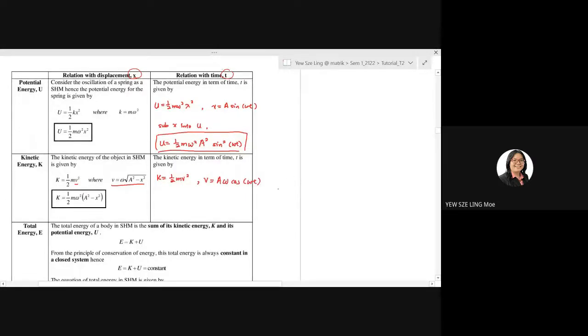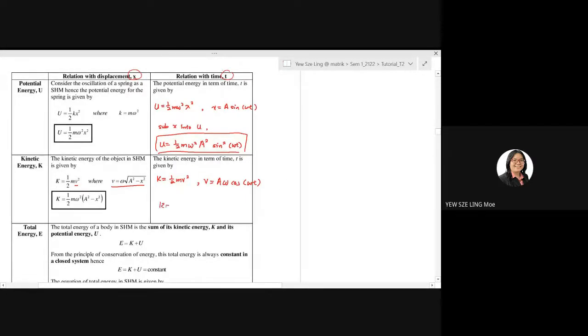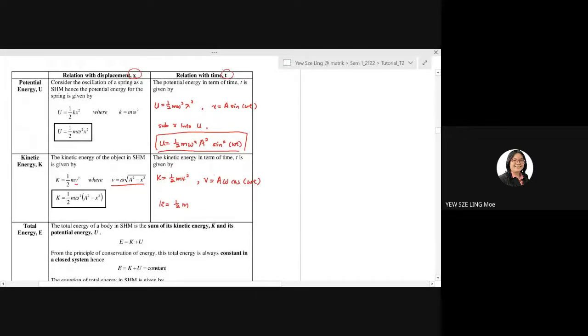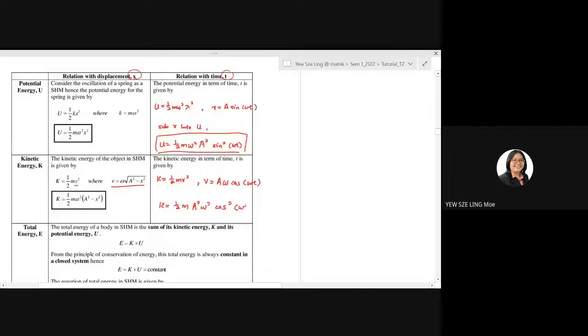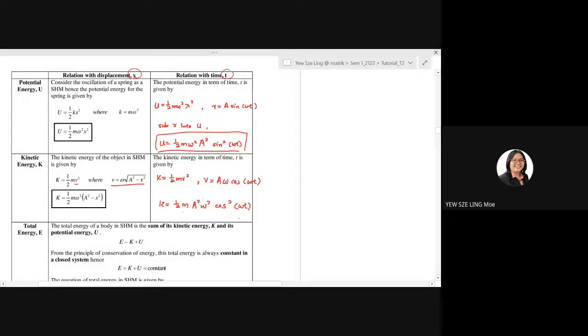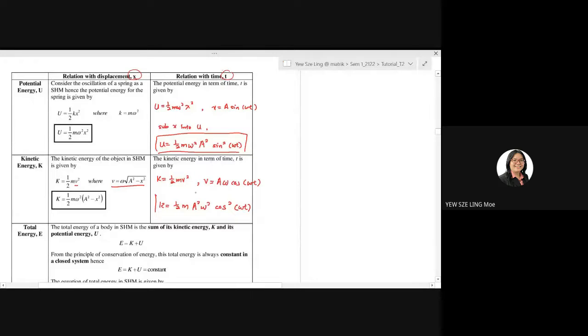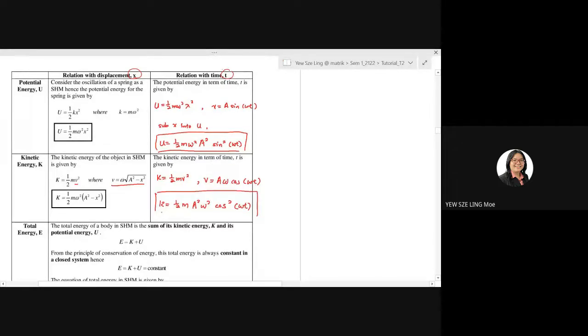Then K equals 1 over 2 m, and v squared gives A squared omega squared cos squared omega t. So K equals 1 over 2 m A squared omega squared cos squared omega t. This is the equation for K in terms of time.